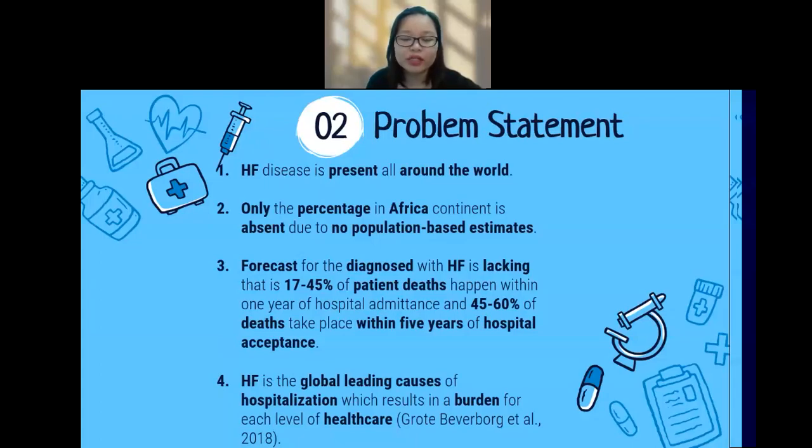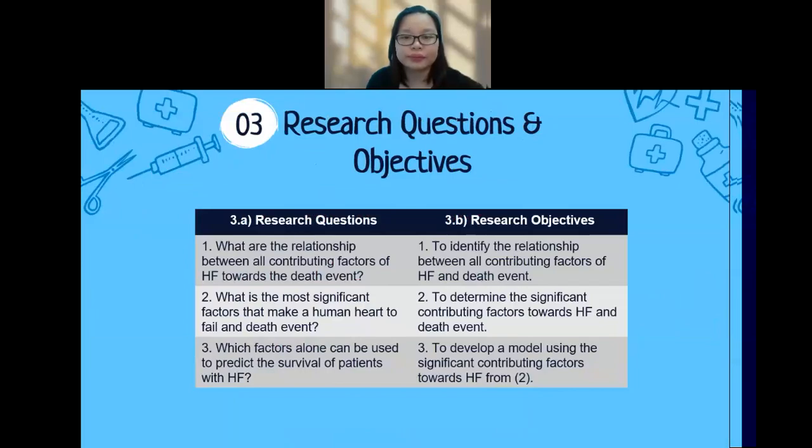That is, 17 to 45% of patients die within 1 year of hospital admission, and 45 to 60% of deaths take place within 5 years of hospital admission. So heart failure is a global leading cause of hospitalizations, which results in a burden for each level of healthcare.